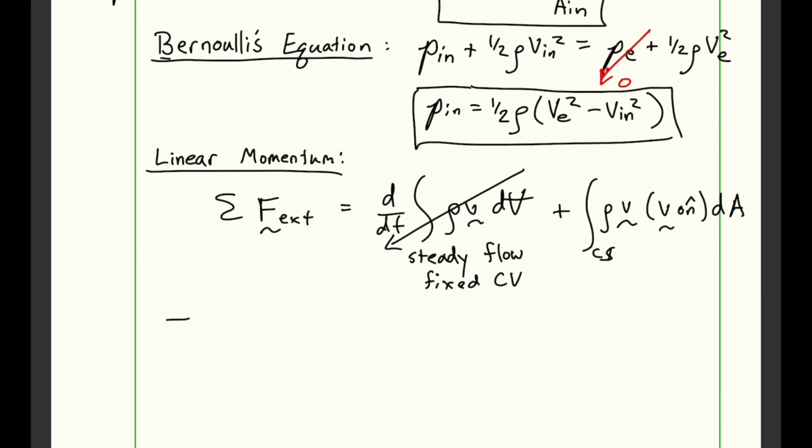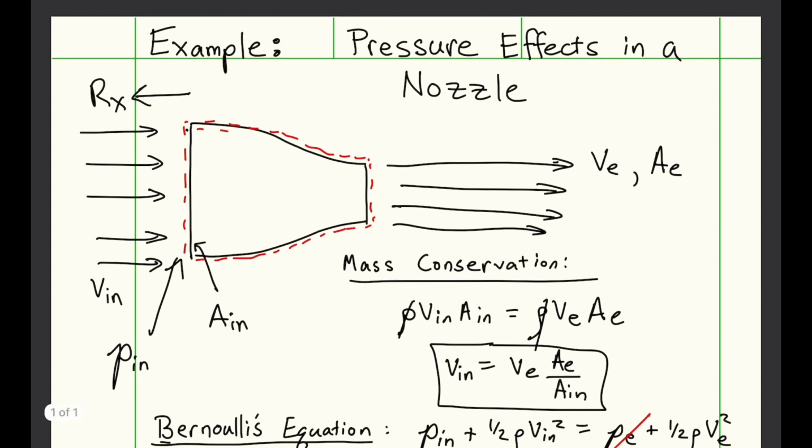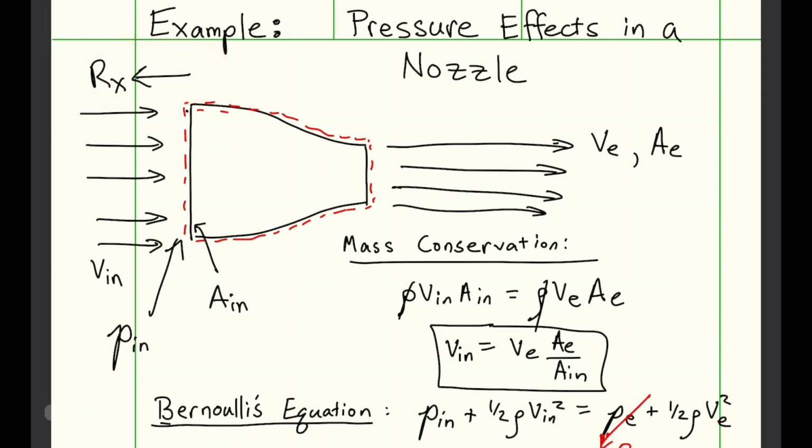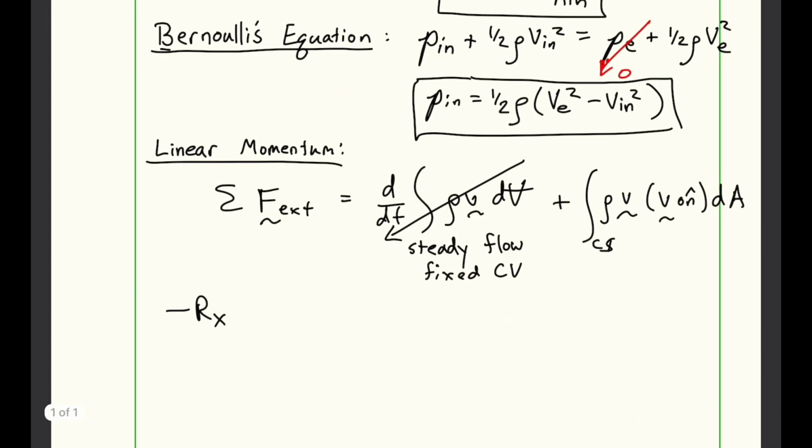So in addition to the reaction force, which represents, let's say, our threads that have to hold this nozzle in place, there's also a pressure at the inlet acting over area A in, and in principle there's also one at the exit acting over area, let's say, A out. But in fact, like I said, we're going to work in gauge units where the exit pressure is 0, but the inlet pressure is not 0 in this case. It's actually a pretty large number.